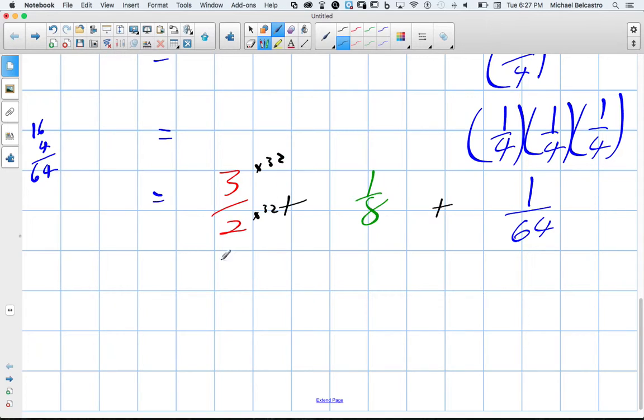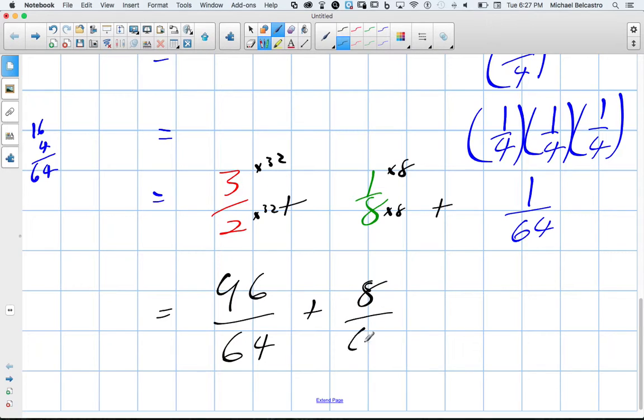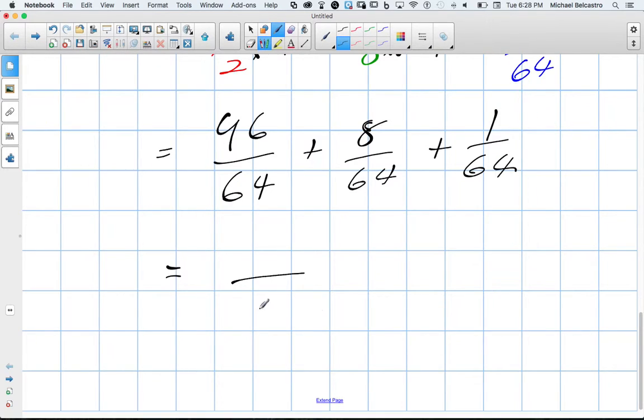It's a pretty big number, at least for being in our head. So our denominator is 64, and our numerator is going to be 96. Okay. In order to get 8 to be 64, I have to multiply both the top and the bottom by 8. So we're going to have plus 8 over 64. And in order to make 1 over 64, I have to do absolutely nothing. Our denominator is going to be 64.